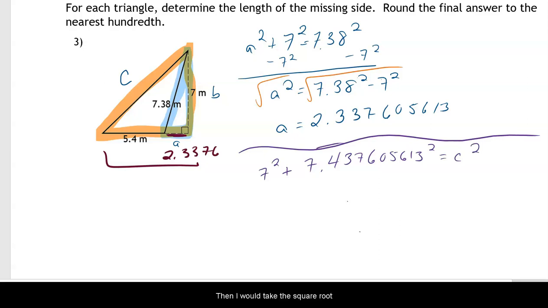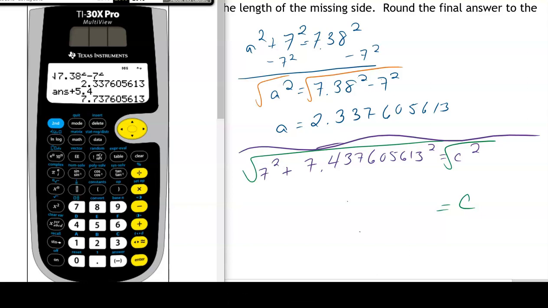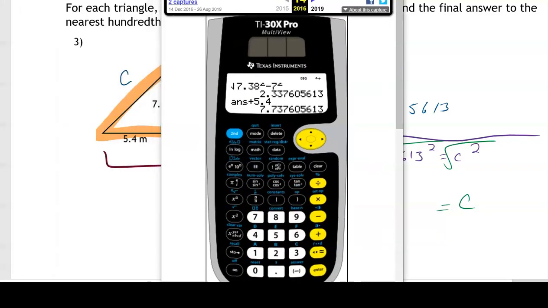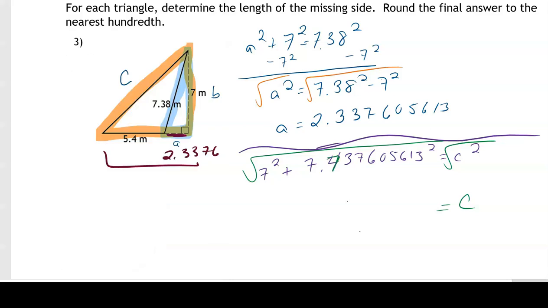So then I would take the square root of both sides to get my C value. So I'm actually going to use my calculator here, and I'm going to add that 2.3376 from the other side. So you can see I have that, oops, that added a little incorrectly there, so that should be 7.437 right there.